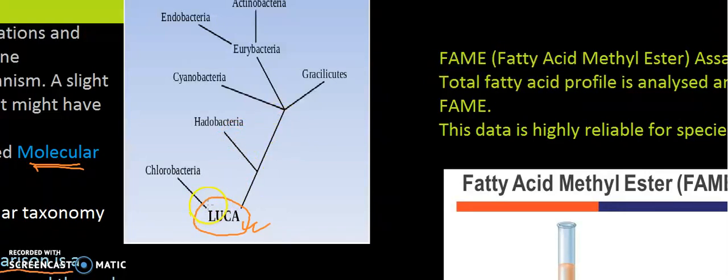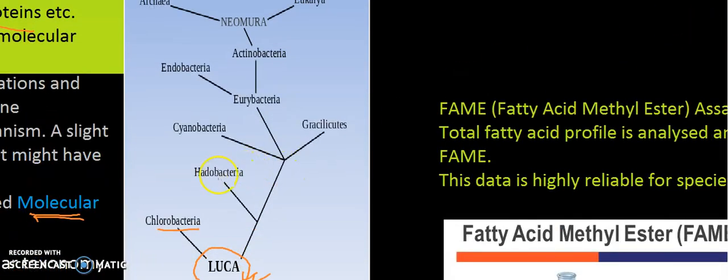This LUCA, the progenitor, must be a bacteria. It evolved into a chlorobacteria group, the group that is capable of photosynthesis. And on the other hand, it evolved into, this should be Halobacteria, I think.